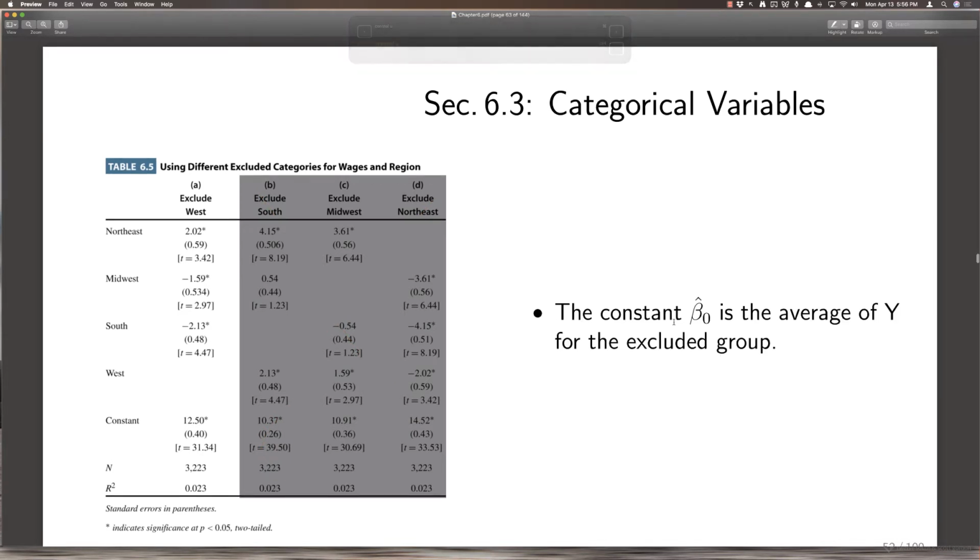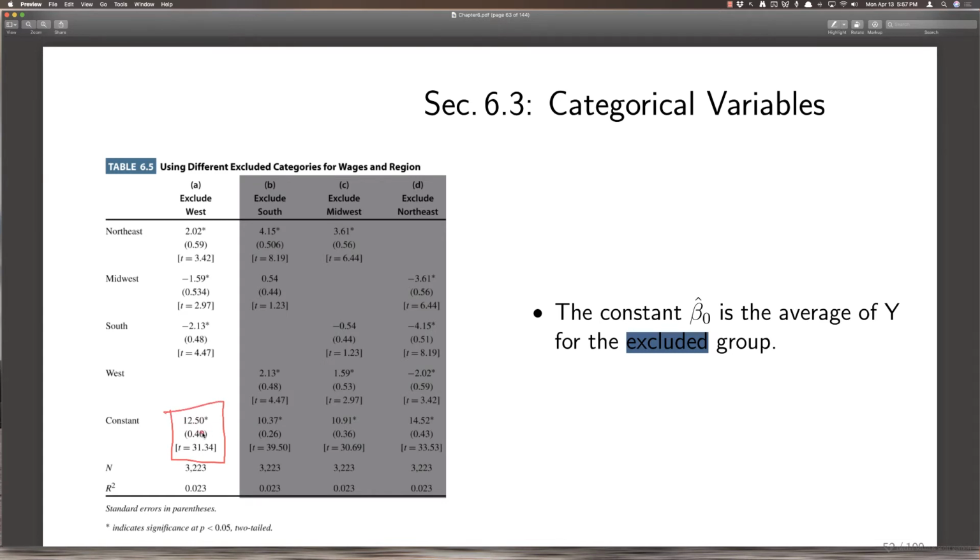So the constant here is going to be the average of Y. What was Y? Y is wages for the excluded group. So even though I left out West, I've got information about them right here. So this is the information for the West.